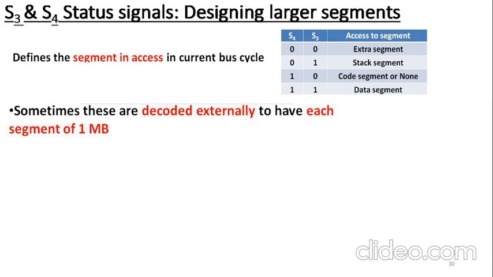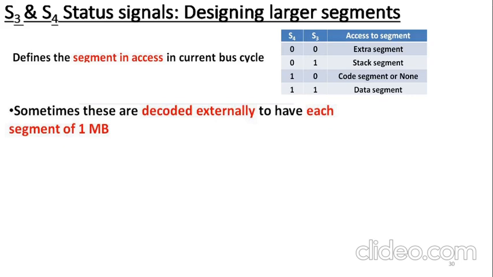So one design is possible to define each of the segments as 1 megabyte in size. That is, exceptionally large segments of 1 megabyte each can be defined, and that is possible by using these 2 status signals. But for that purpose, these 2 status signals need to be externally decoded.